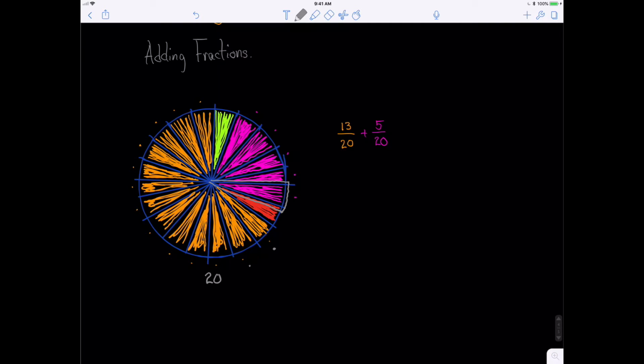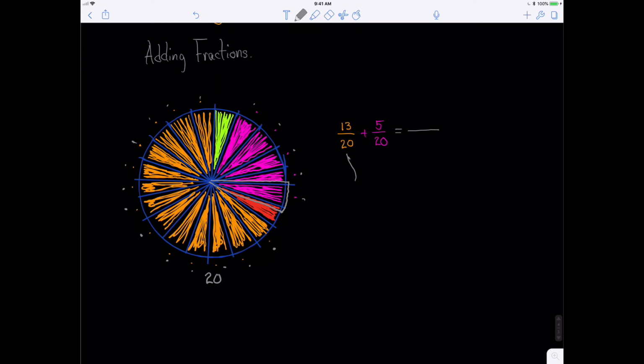So I have 1, 2, 3, 4, 5, 6, 7, 8, 9, 10, 11, 12, 13, 14, 15, 16, 17. It looks like I have 18 of those. So the question is how would I get 18 20ths, or 18 out of 20?